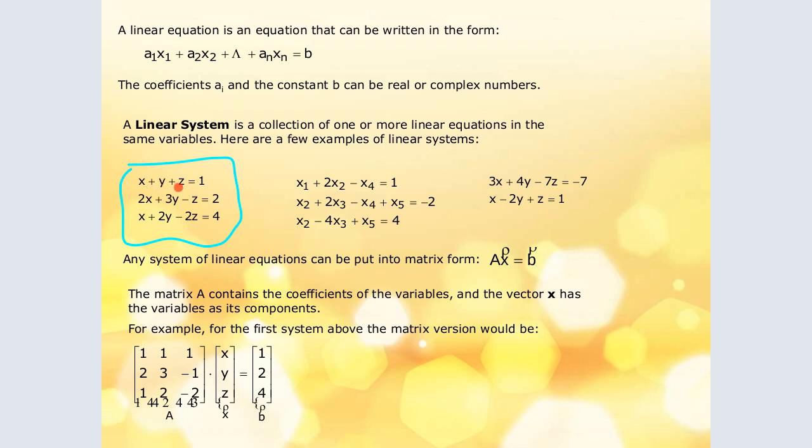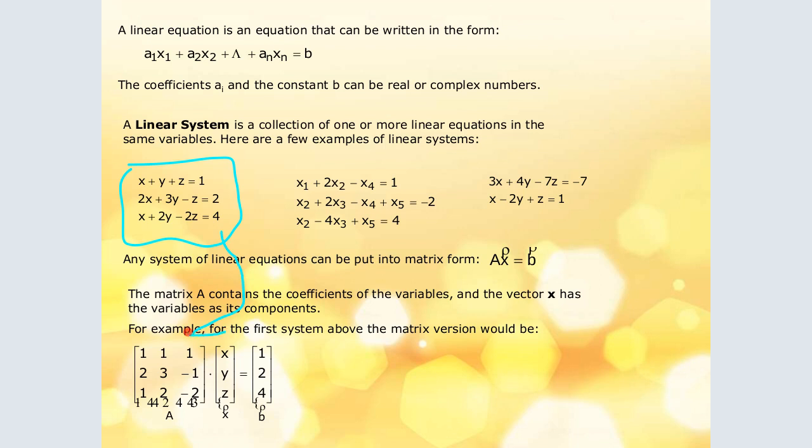We have x + y + z = 1, 2x + 3y - z = 2, x + 2y - 2z = 4. So you can trace them down here to this side.